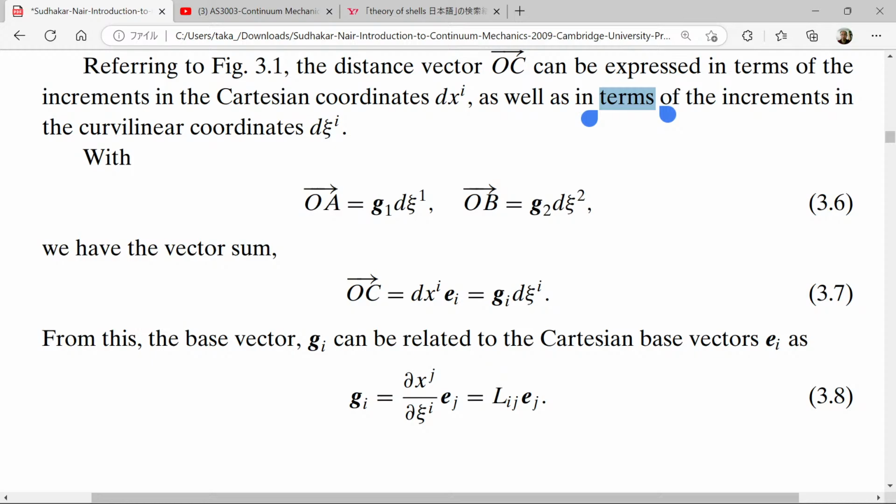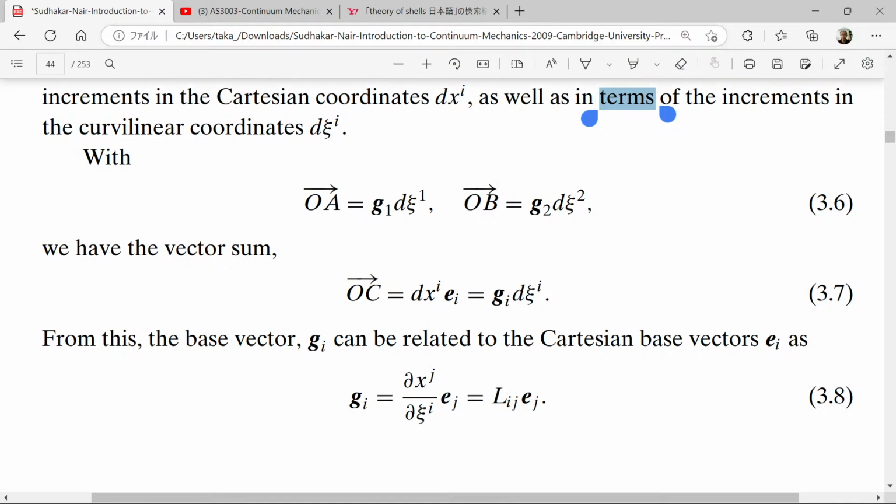From this, the base vector g_i can be related to the Cartesian base vectors e_i. This is a basis vector, a base vector.